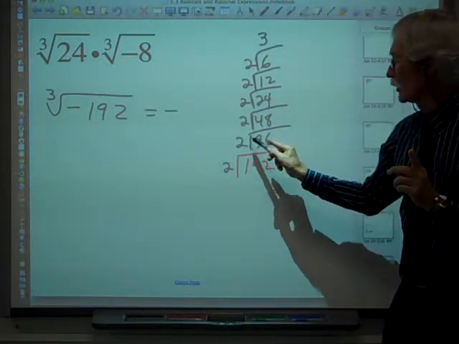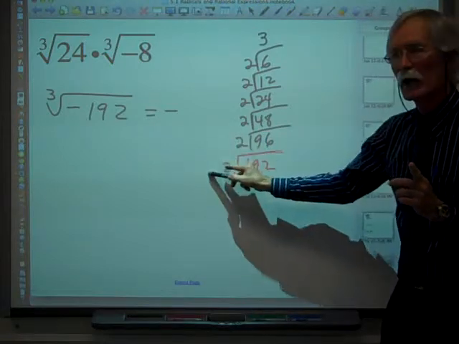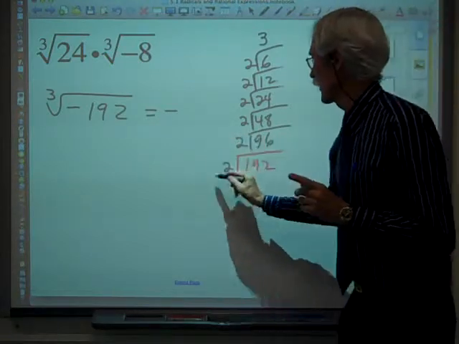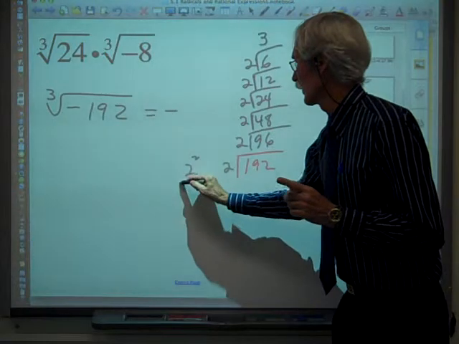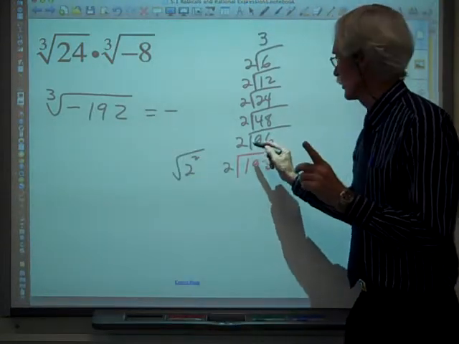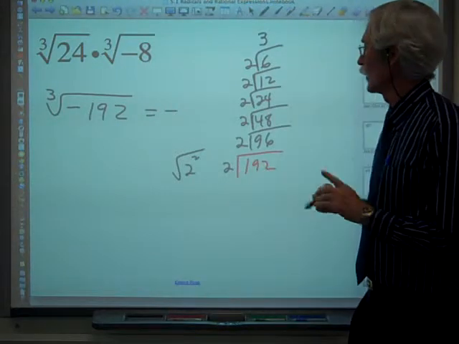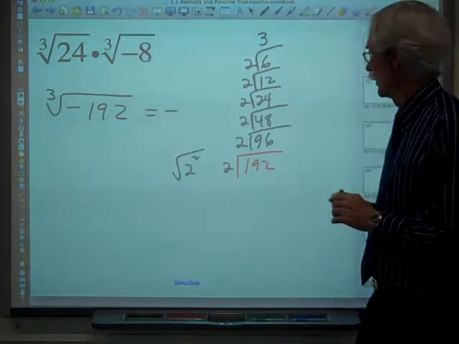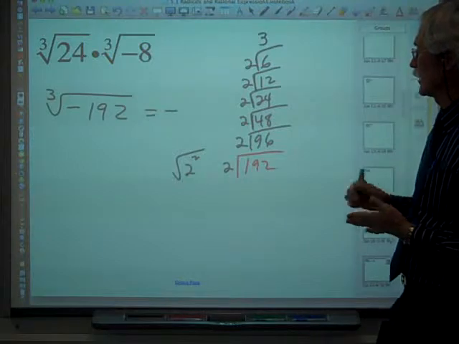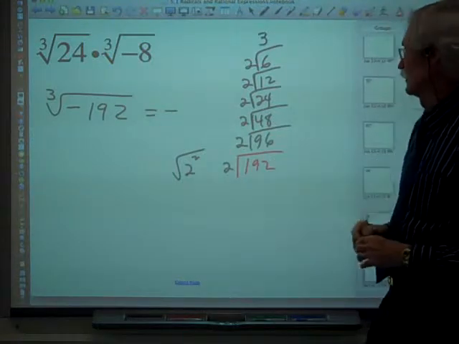For a square root, we put them in little pairs, didn't we? Because that little pair makes 2 squared. And what does a square root do to a little 2 squared? Cancels. But are we doing square roots this time? No. So what do we need to do instead of putting them in little pairs?